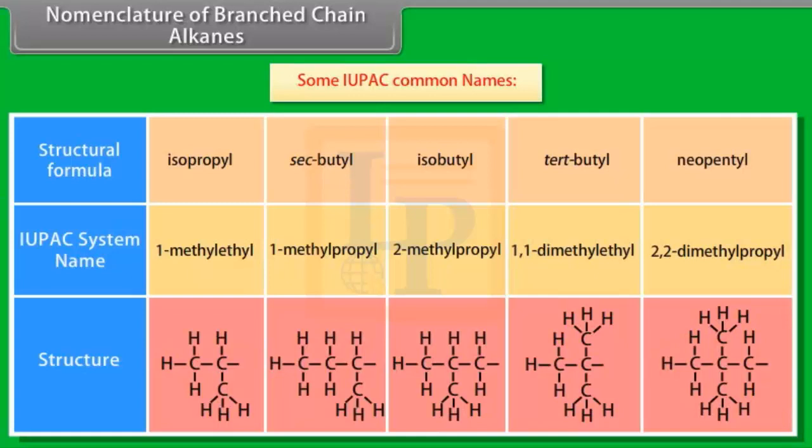Common name is isobutyl, its IUPAC name is 2-methyl propyl and its structure is this. Common name is tert-butyl, its IUPAC name is 1,1-dimethyl ethyl and its structure is this. Common name is neopentyl, its IUPAC name is 2,2-dimethyl propyl and its structure is this.